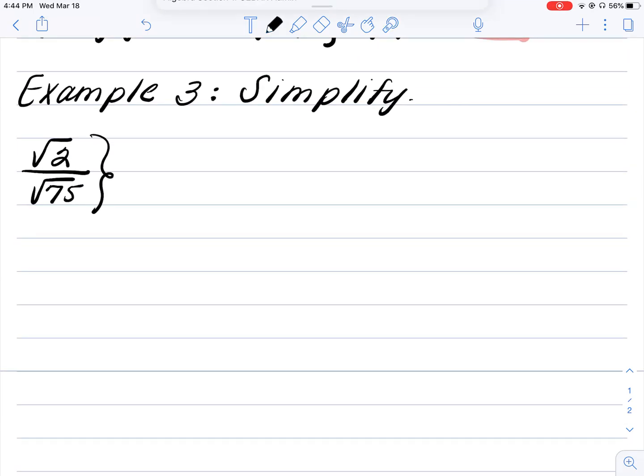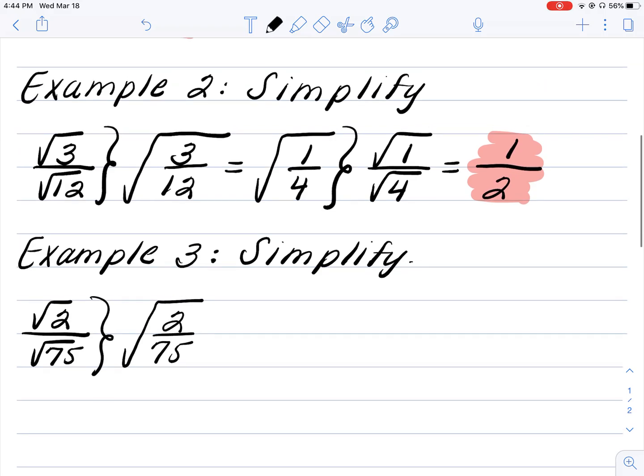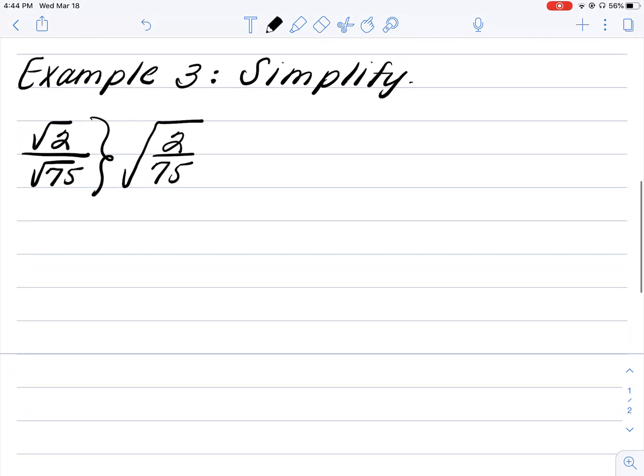So if you notice, square root of 2 and 75, here's the problem. Can that really simplify? For these other ones, they were able to simplify, but for this example, you can't really simplify. So we're actually just going to leave it back to how it was.